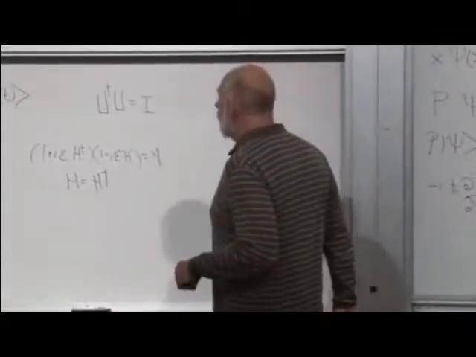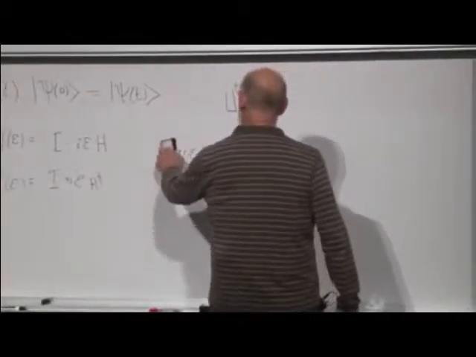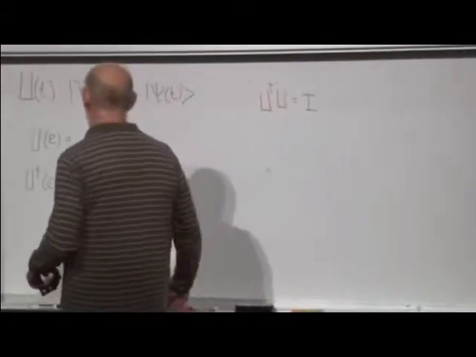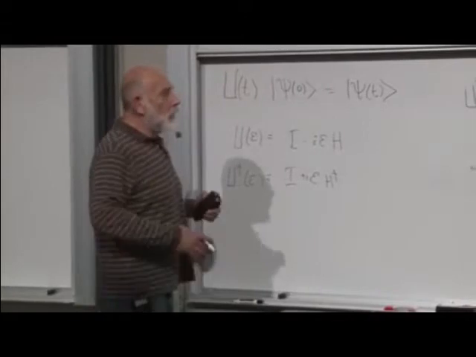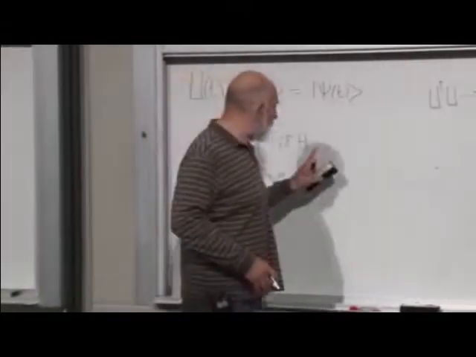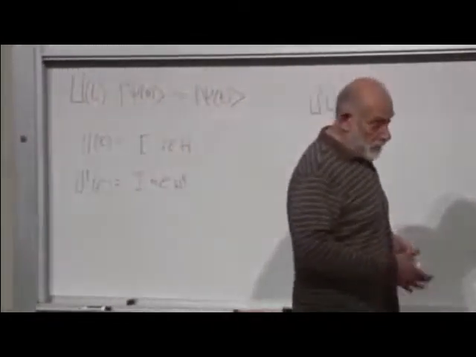Okay, so what do we learn? We learn that the unitary time evolution, which contains a U of t, also is specified in terms of a certain observable that I've called H. H stands for Hamiltonian. It also stands for Hermitian, but it stands for Hamiltonian.